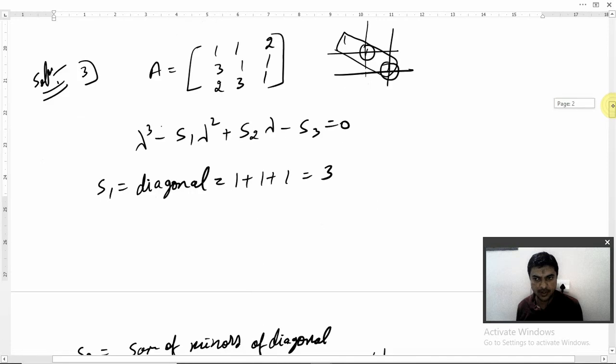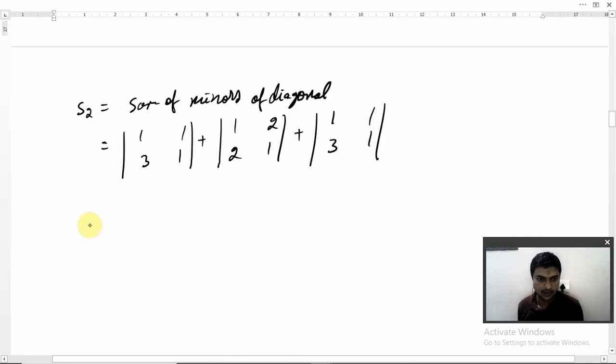So I am going to take the minors and simplify this. 1 1 1 into 1 1 1 minus 3 is minus 2, plus 1 1 is 1 1 minus 4 is minus 3. Similarly, if you simplify all the minors, you should get this as minus 7.